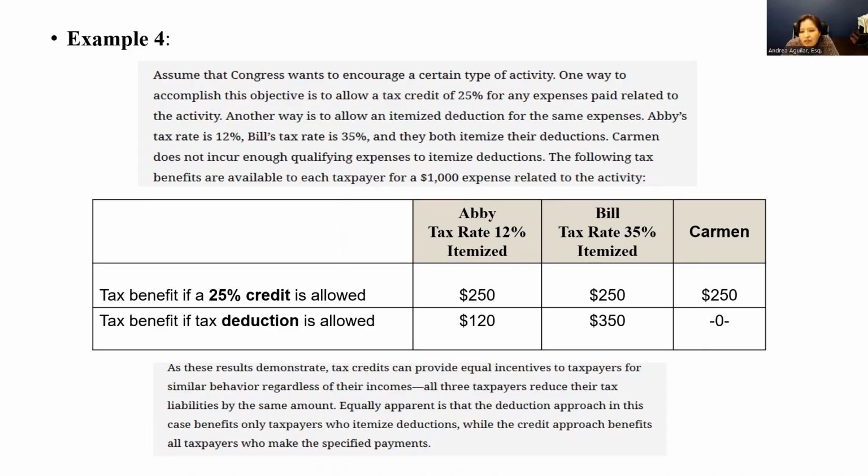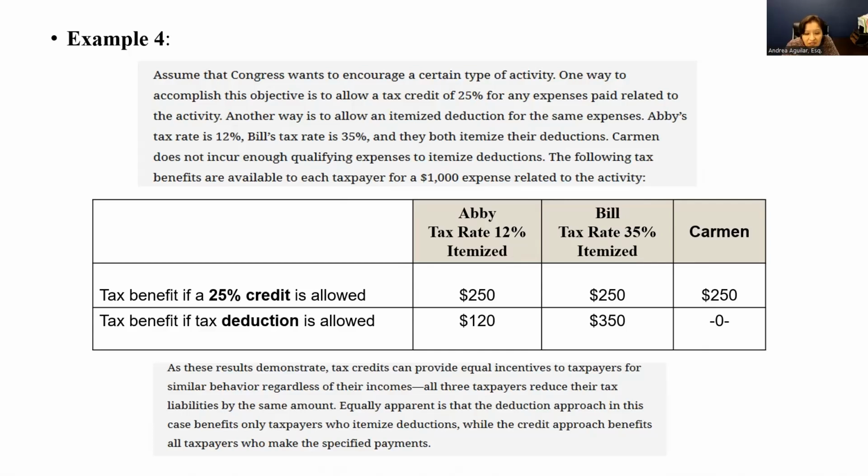If we are talking about any given $1,000 that Abby is going to claim as income, if she is allowed a deduction, then what is her tax savings or tax benefit? Well, it's worth $120, right? Because if she was paying taxes on $1,000 and her tax rate is 12%, that is the amount of taxes that she would have paid. And the same with Bill. His tax rate is 35%. So if we take $1,000 from that, what he is not paying is $350 because his tax rate is 35%.